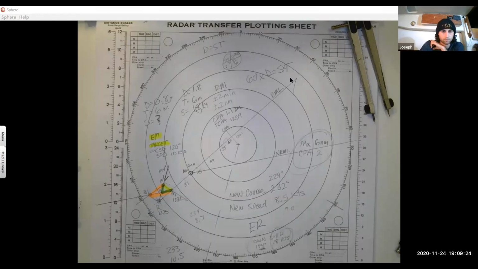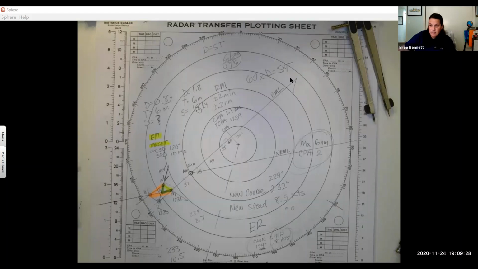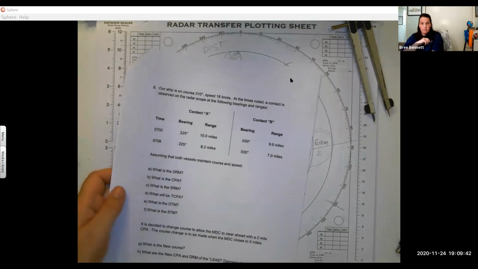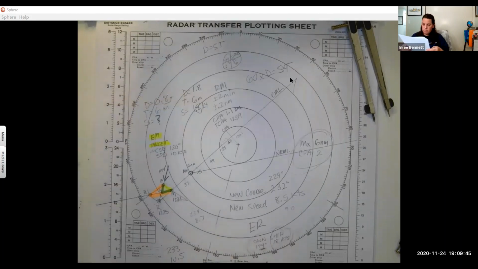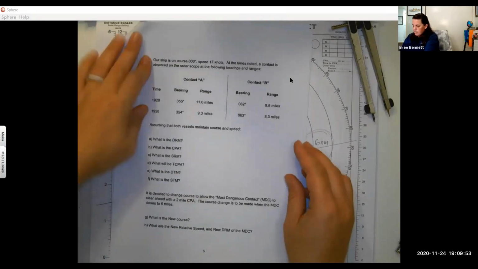So now we're going to do a multiple target one together. Let's practice that. I think I decided let's do the last one on this packet, number 6. Wait, no, we have 5 and 6. Yeah, we'll do 5 and 6.